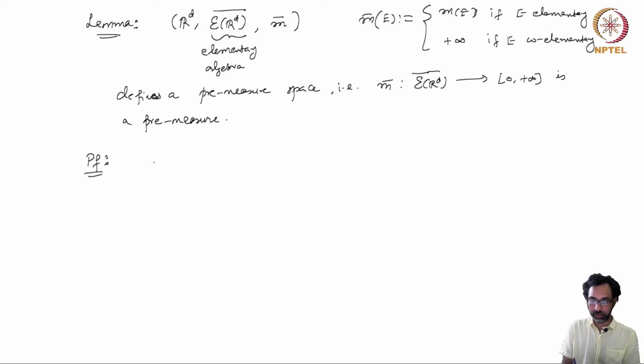So we already know that the elementary measure on elementary subsets is finitely additive.